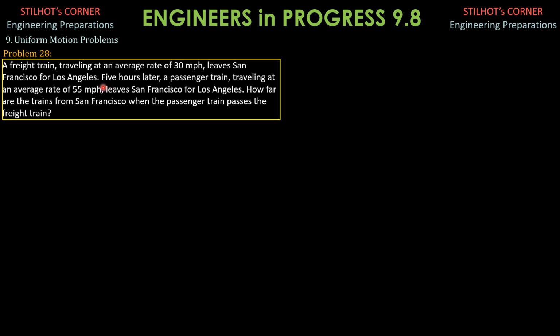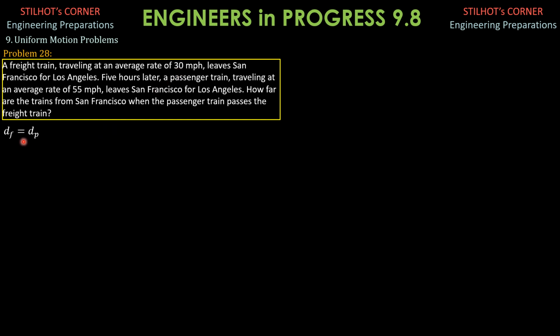The travel time for the freight train is 5 hours more than that of the passenger train. So we will call the travel time of the passenger train t and the travel time of the freight train t plus 5. And they also differ in their average rate or speeds.